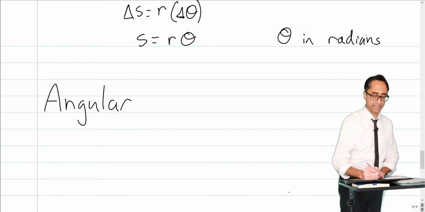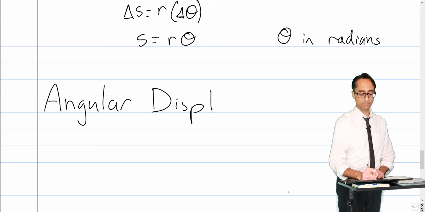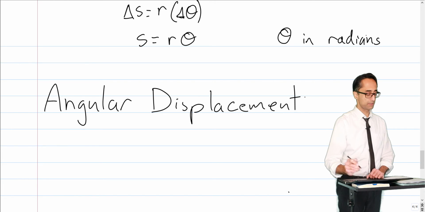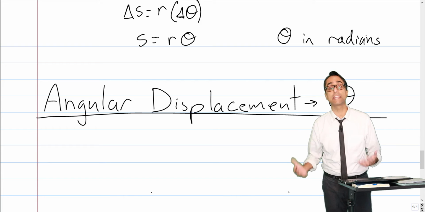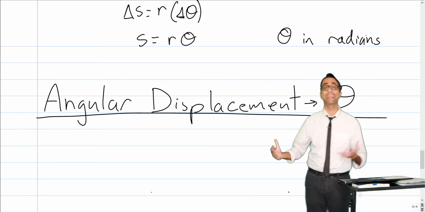And so instead of calculating the displacement, x, I think originally, or y, or s, or r, we are doing angular displacement. And angular displacement is theta. We've already created it.